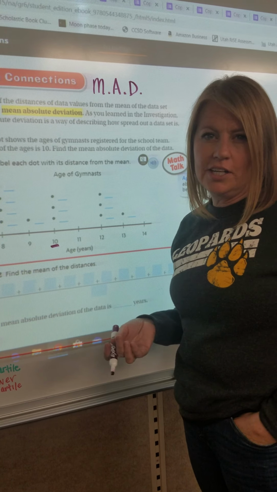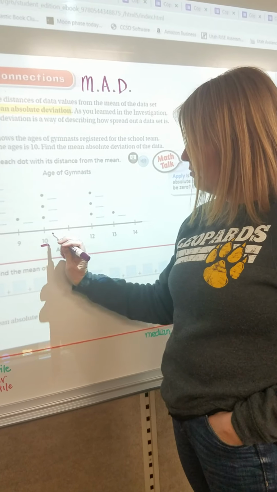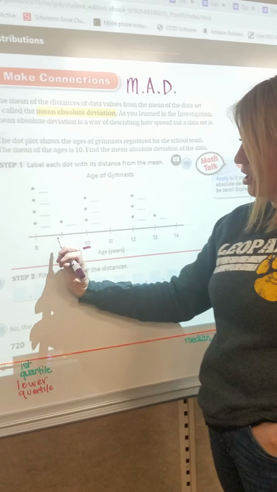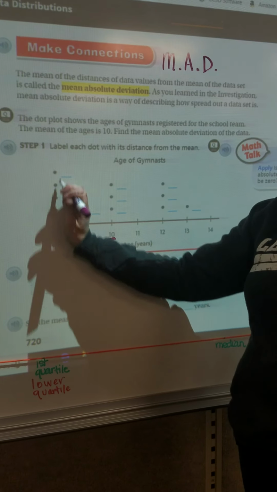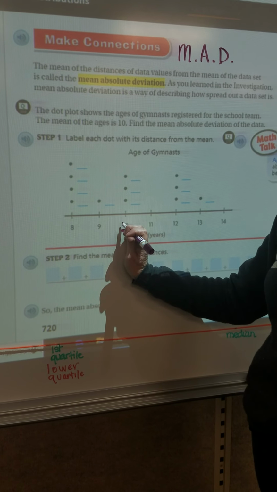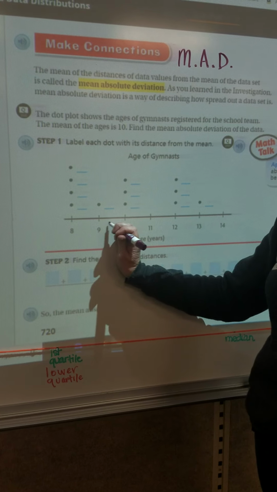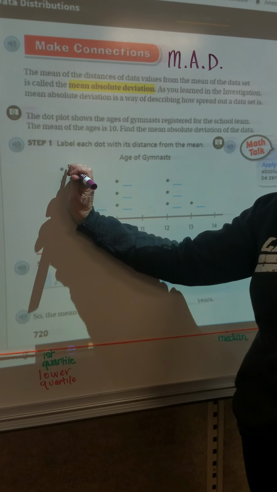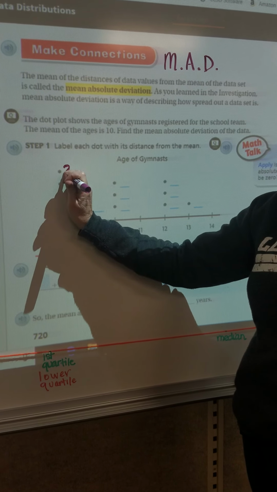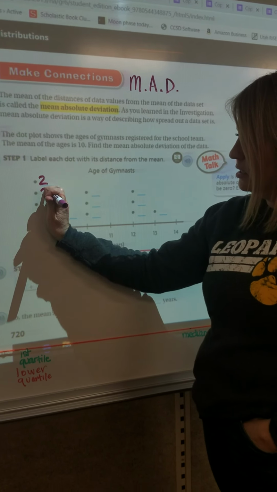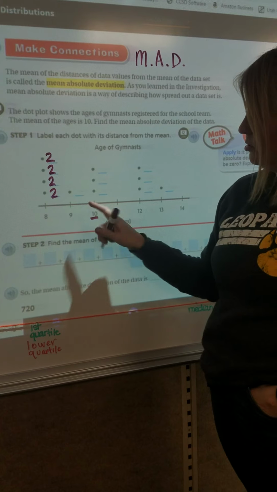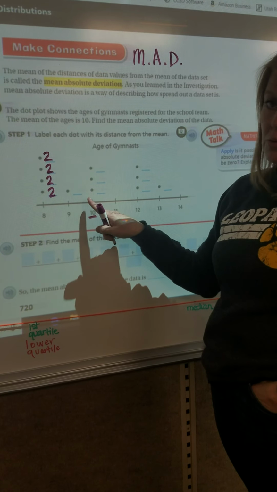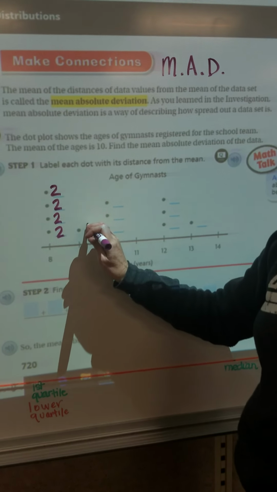We want to figure out how far away from 10 all of these data values are. Looking at these dots, we can see that 8 is 2 spaces away from 10, so this gymnast would be 2 years away. That one's 2, that's 2. Now we're talking about 1 space away.